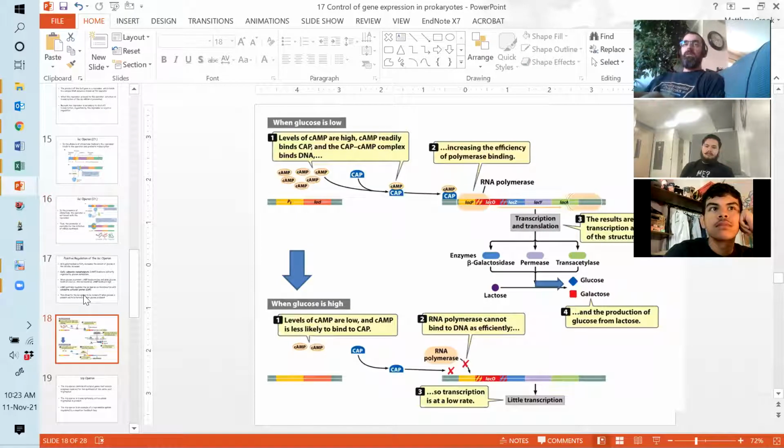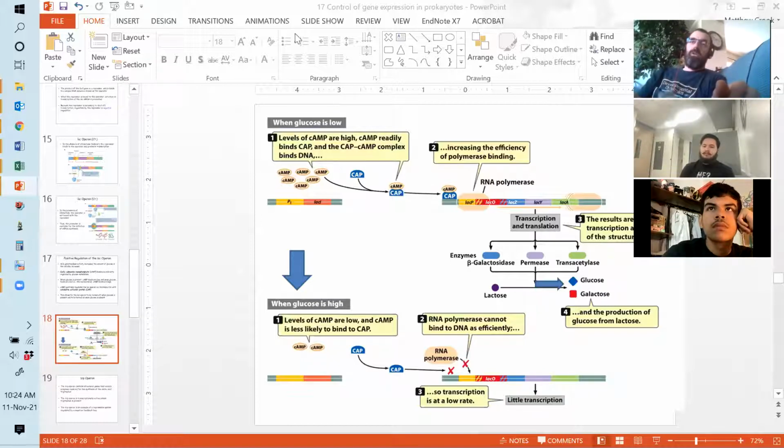This one. Okay. So when you talk about the first process, are you talking about cyclic AMP? What bit are you referring to? Yes, that. Because when you said it talks about having glucose low, so it takes the cAMP plus the RNA polymerase to make more of that, or, I think I'm confused.